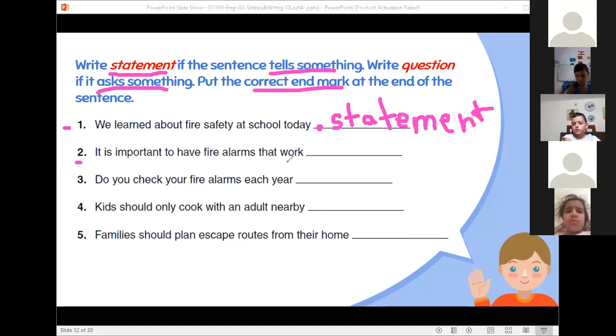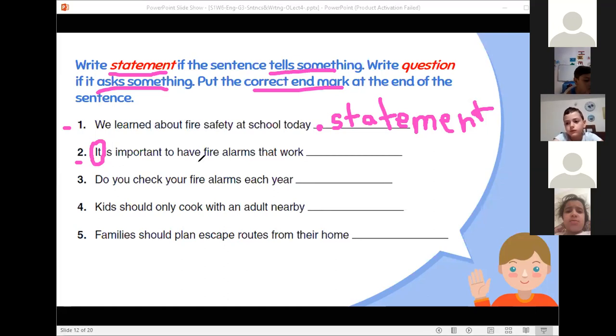Am I asking? No. I'm not saying, is it important? I started with a naming part, it. I'm telling you, it is important to have fire alarms that work.